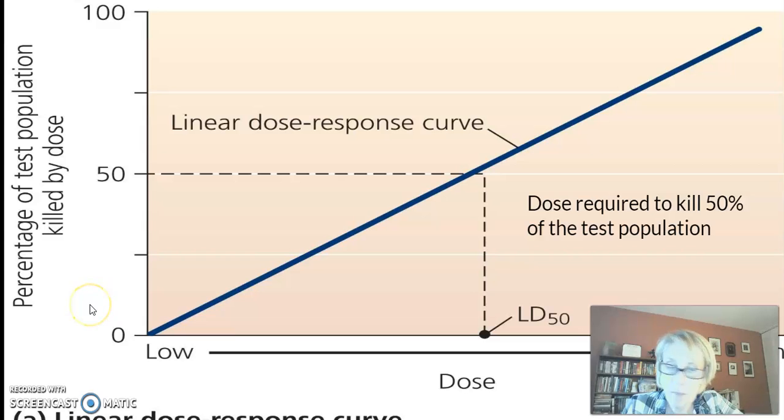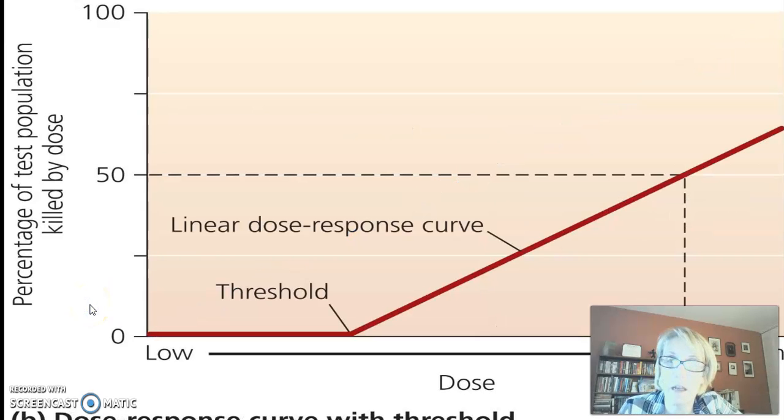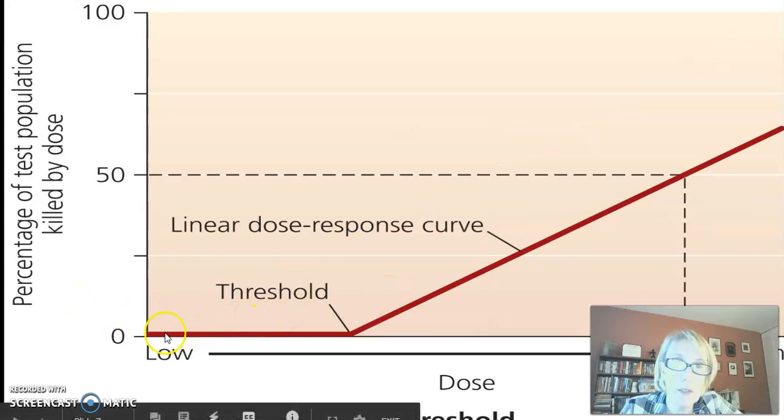Okay. Sometimes what you see though, instead of that absolute linear, is that really low doses don't have a response that we can measure. And this is termed the threshold, where below this dose there's no response, and above the dose you start to see a response.